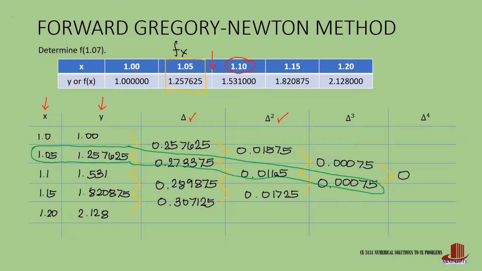Thus, the value for delta would turn out as 0.273375, and that's delta. Delta squared would be given as 0.0165, and delta cube is taken as 0.00075. Now we are ready to plug these values into our equation.